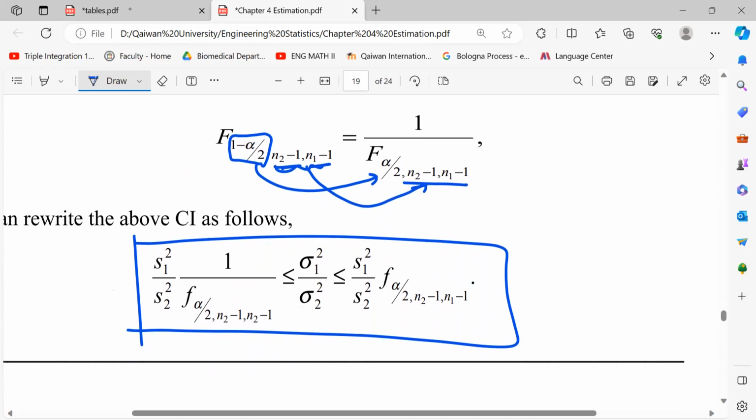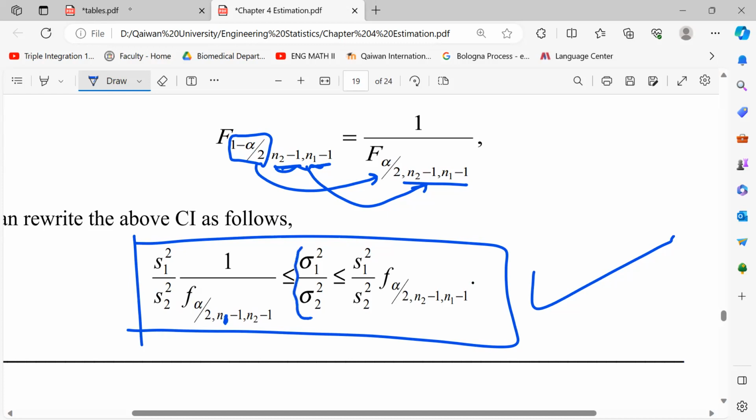So instead of that, you just need to memorize this rule: s1 squared over s2 squared times 1 over f of alpha over 2, n1 minus 1 and n2 minus 1. This is the rule.